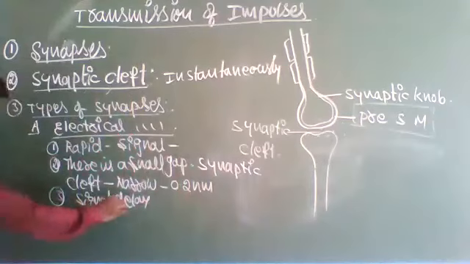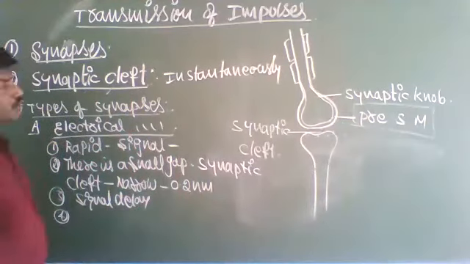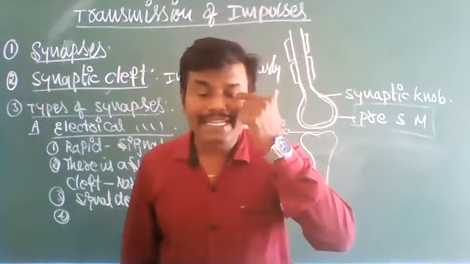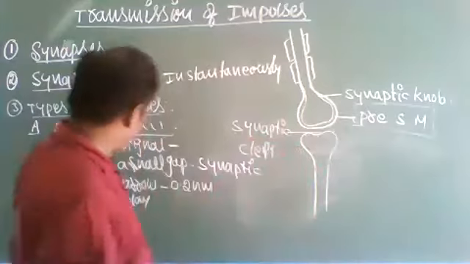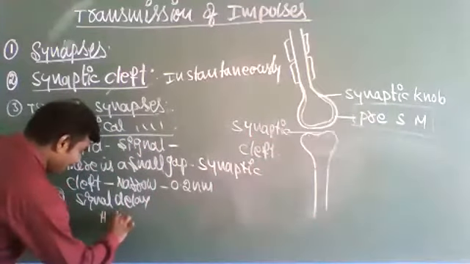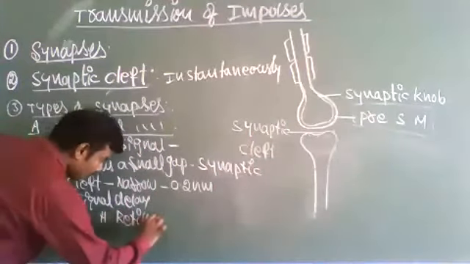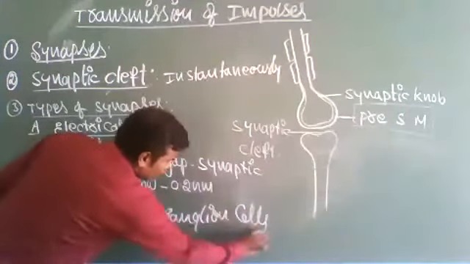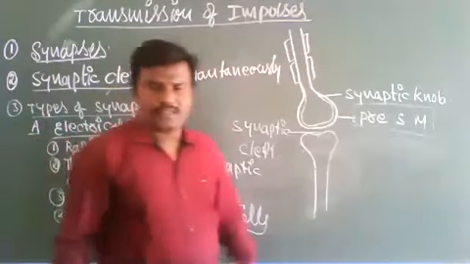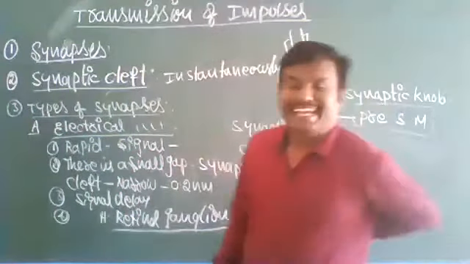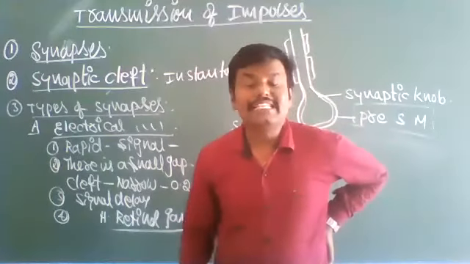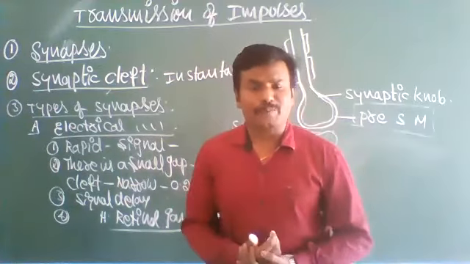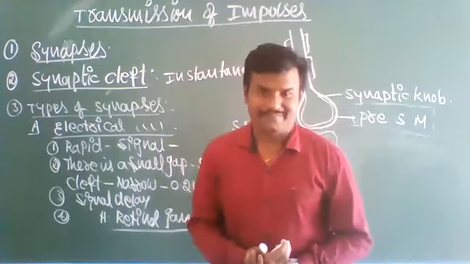Generally, this kind of signal occurs in human retinal ganglion cells. Signal transmission occurs through electrical synapses, which are bidirectional.